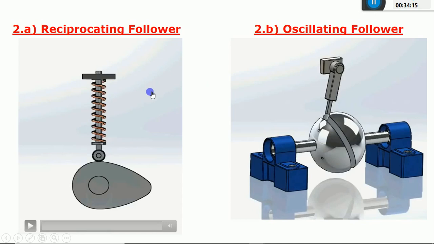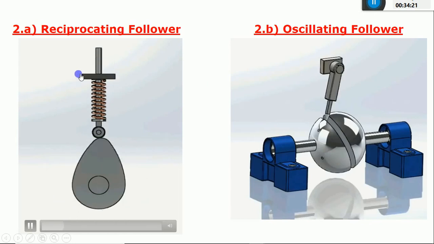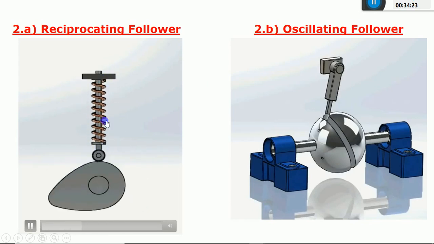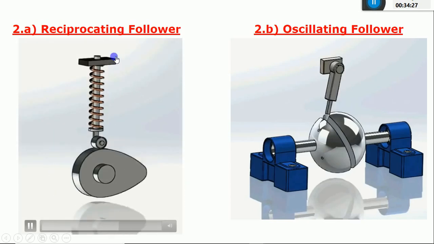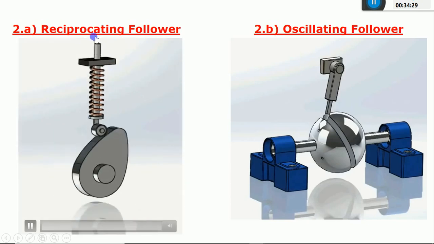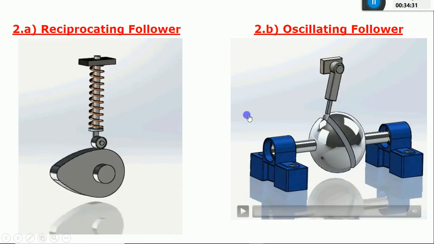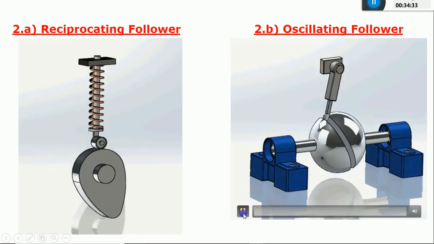So better I'll show the animation of this reciprocating follower. Just concentrate on the output motion. The output motion of the follower is in the form of reciprocating type, which is moving up and down. So I can call it a reciprocating follower. But in the second animation, you can see the output motion is in the form of oscillating type.